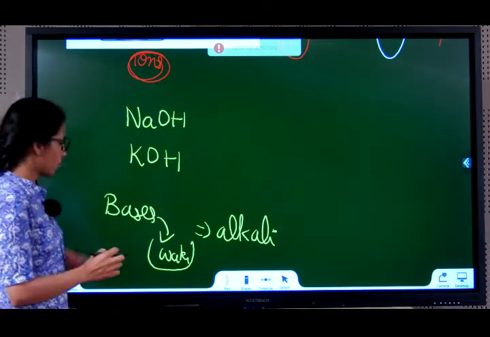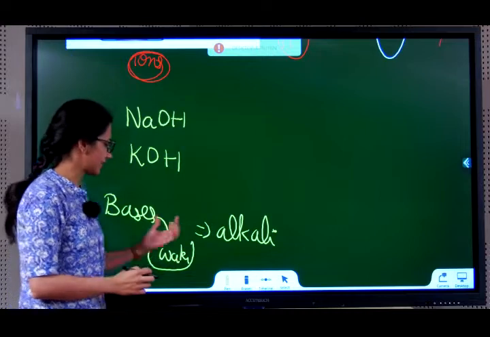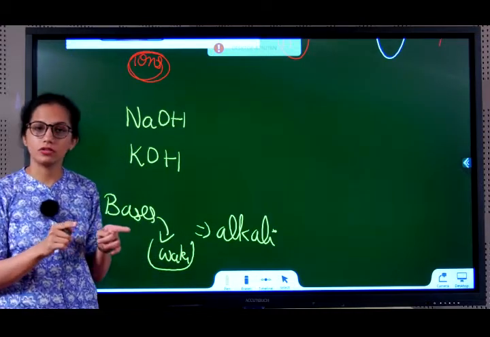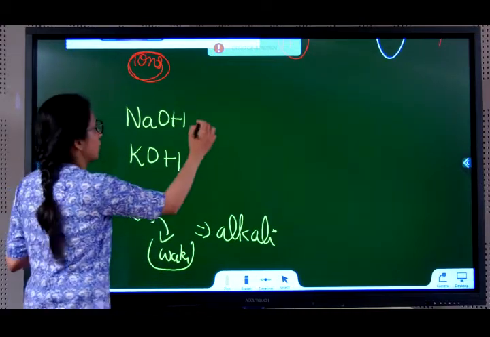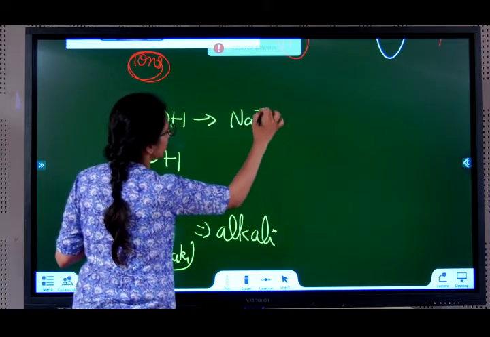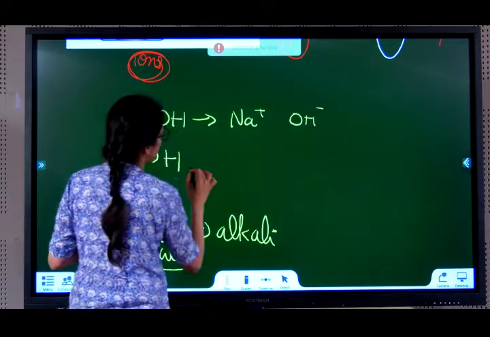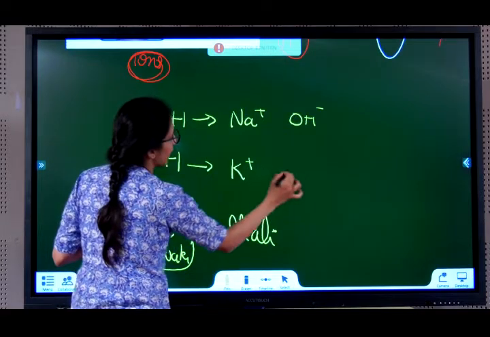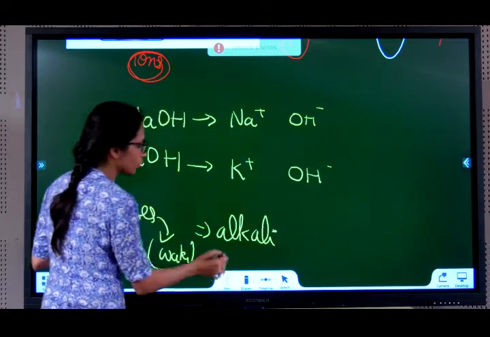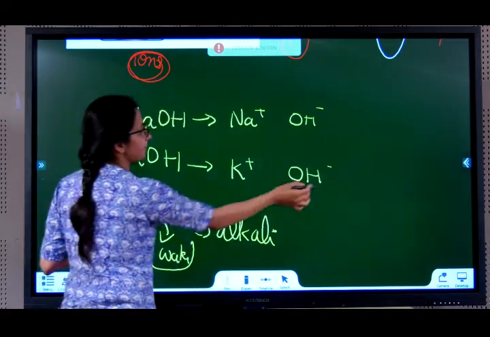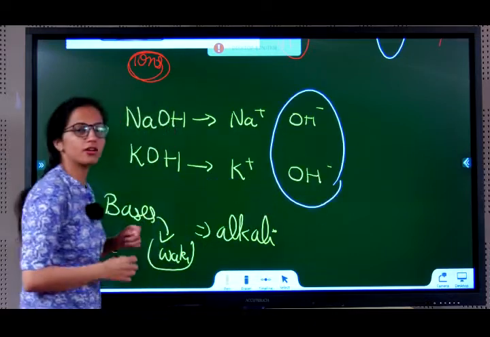When they dissolve in water, they split up into ions. So this will become Na plus and OH minus. This will become K plus and OH minus. Can I say bases produce OH minus ions?